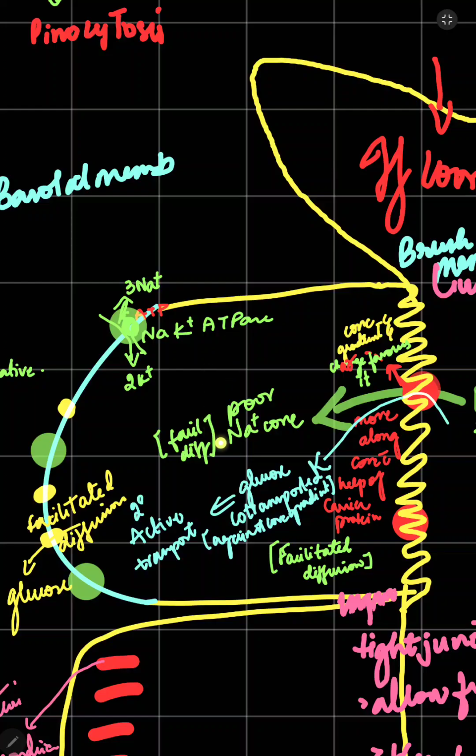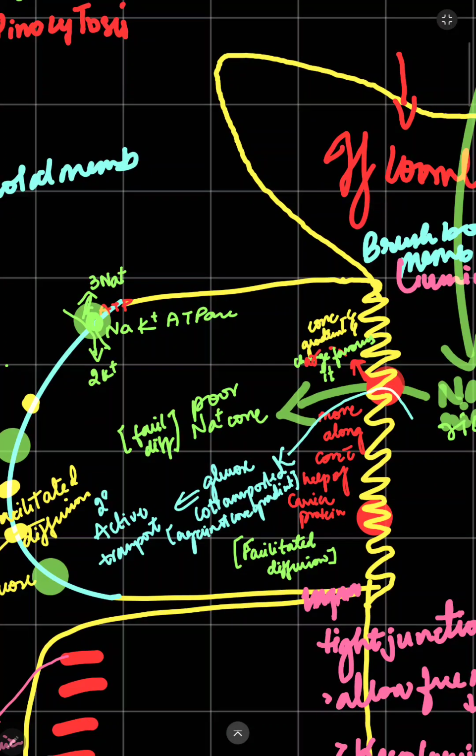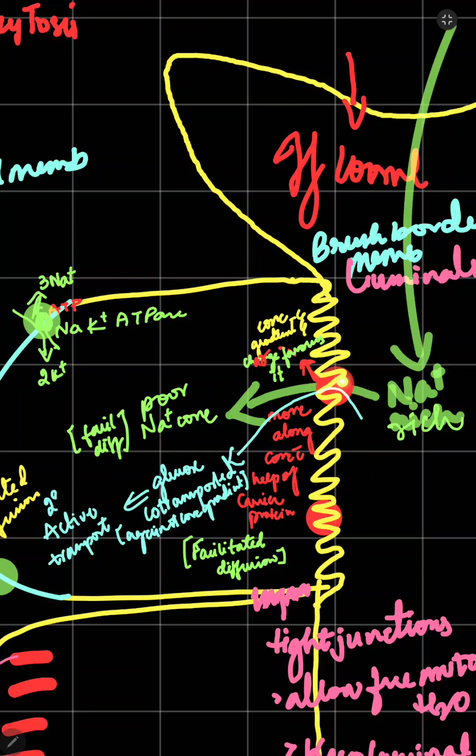In that way it makes the cell sodium poor. So the sodium glucose co-transporters present on the luminal membrane take up the sodium, as there is a concentration gradient favoring inside, and when the sodium moves inside, it also takes up glucose along with it. So it is a sodium glucose co-transporter.